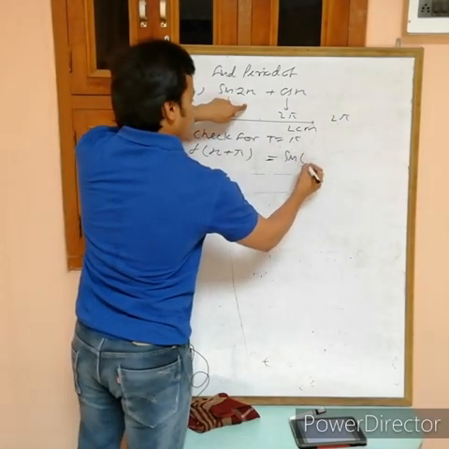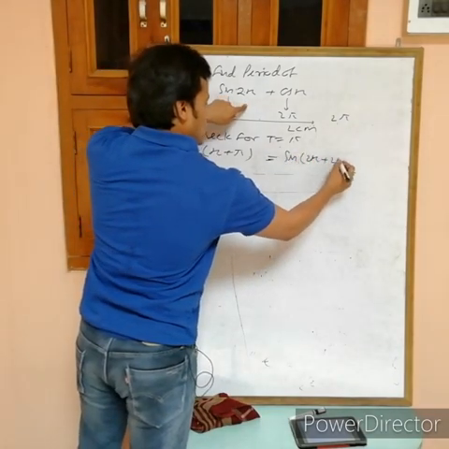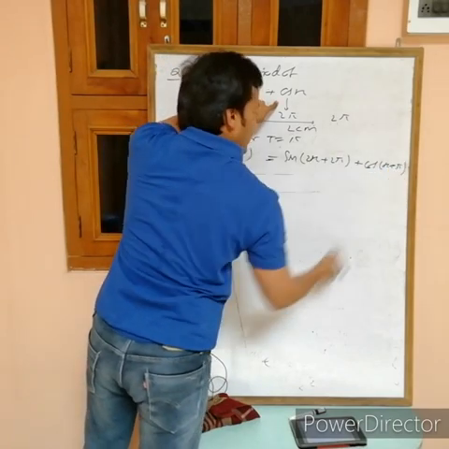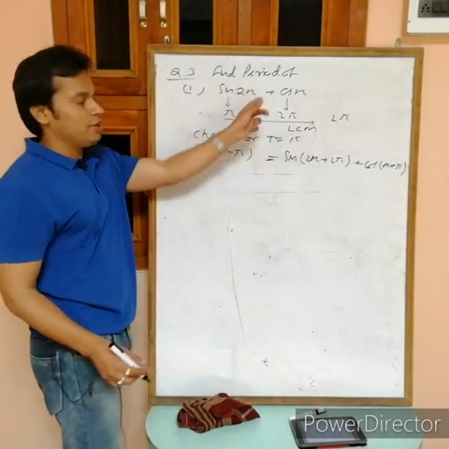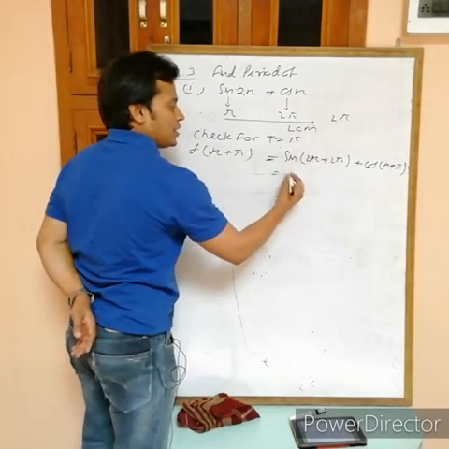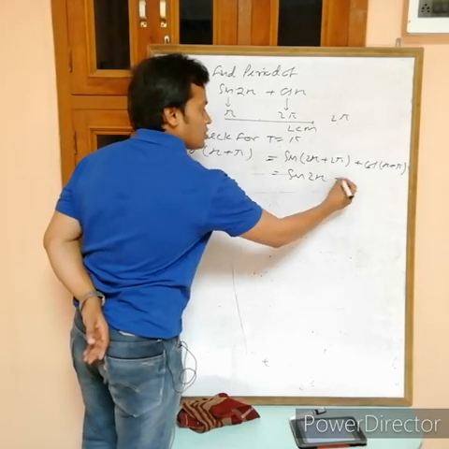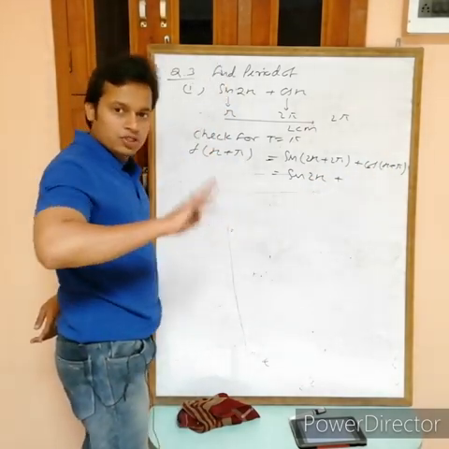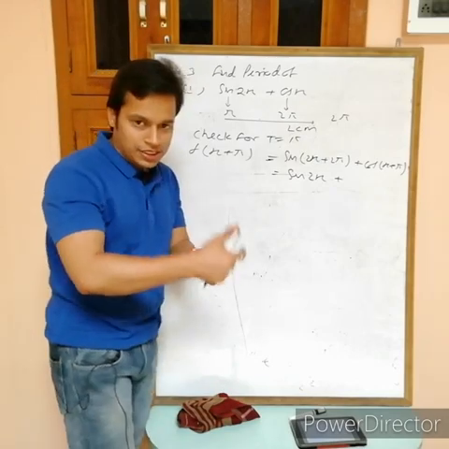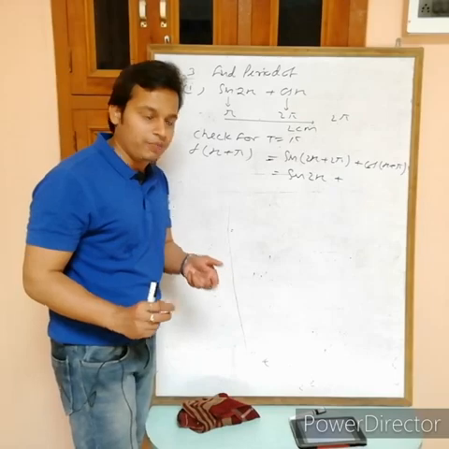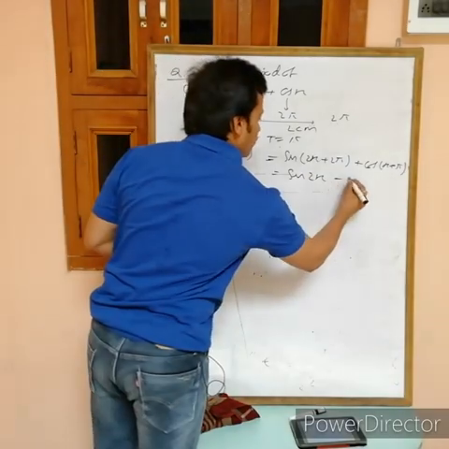What are we getting? sin(2x plus 2 pi) plus cos(x plus pi). I am replacing x with x plus pi, so if you multiply with 2, then we are getting 2x plus 2 pi. sin(2 pi plus theta) is sin theta, so sin 2x. cos(pi plus theta): cos remains the same, but pi plus theta is in the third quadrant, and in the third quadrant cos becomes negative, so minus cos x.